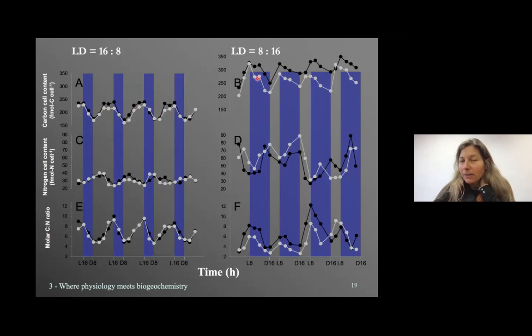It's a little bit counterintuitive because here they have a shorter light and yet they store more carbon. They also store more nitrogen. So it is even more counterintuitive because cells have less energy available because of the shorter night.